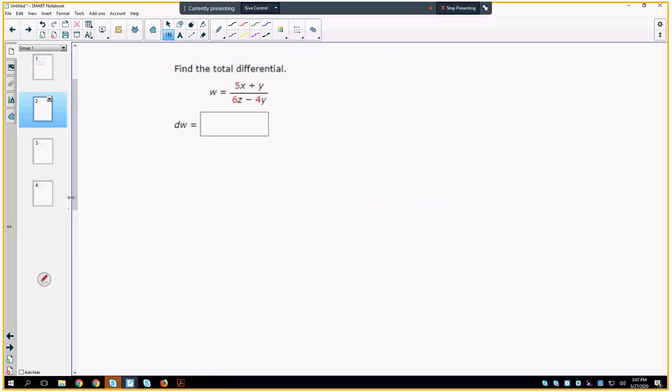So in this case, our total differential will be dw, and that should be equal to del w del x dx plus del w del y dy plus del w del z dz. So again, we'll start by finding our partial derivatives.